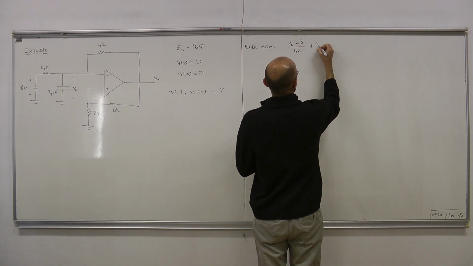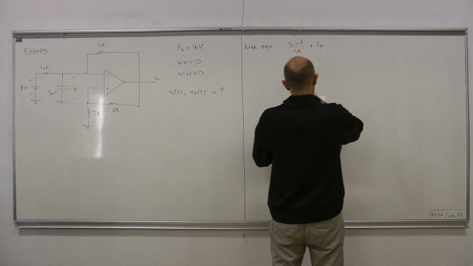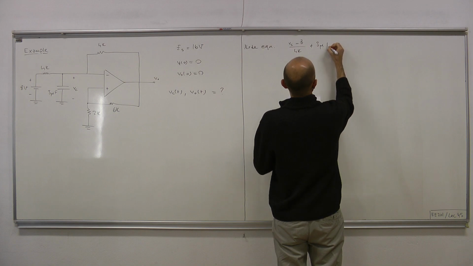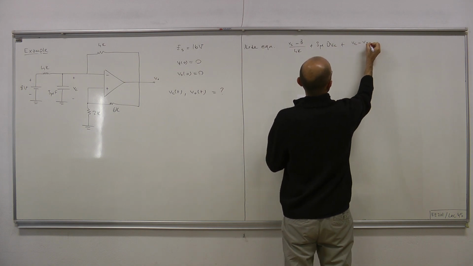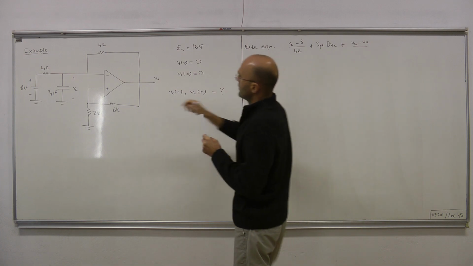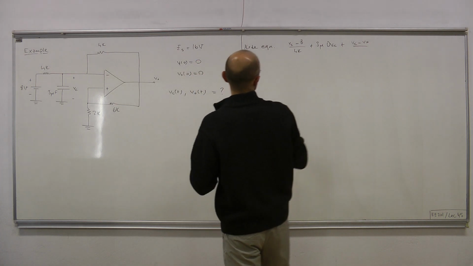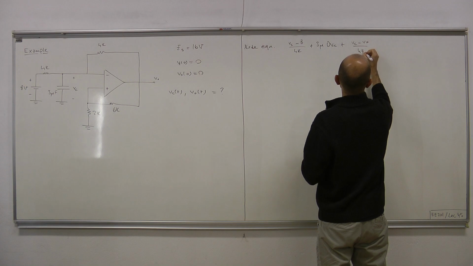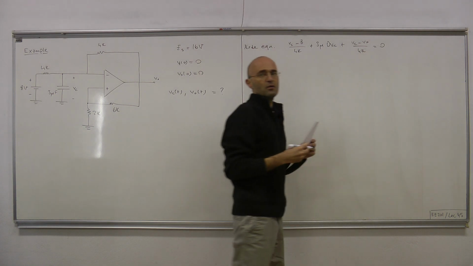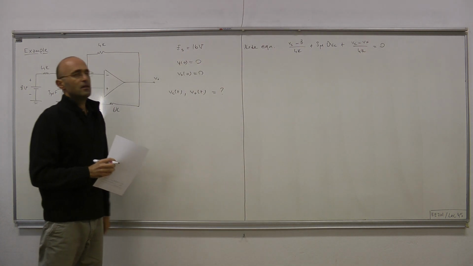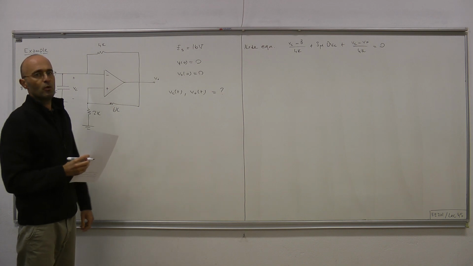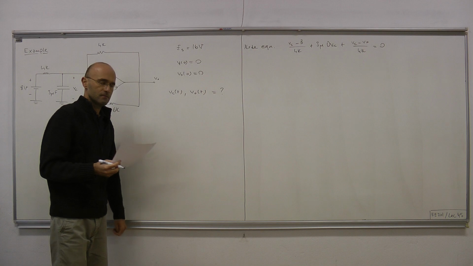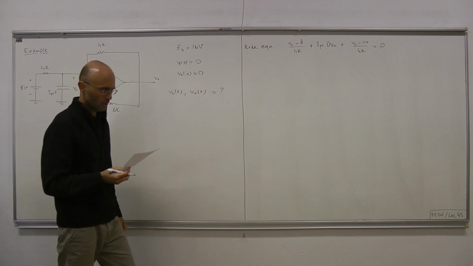Plus the capacitor current, 3 times 10 to the minus 6 dEC, plus (EC minus ER) over the resistance in between, which is 4K, equals 0. Note that the differential equation depends on the output voltage of the op-amp, not only the capacitor voltage.